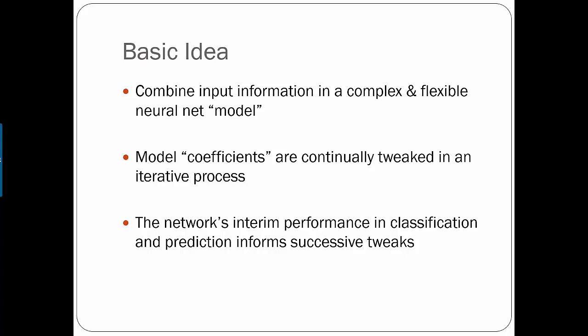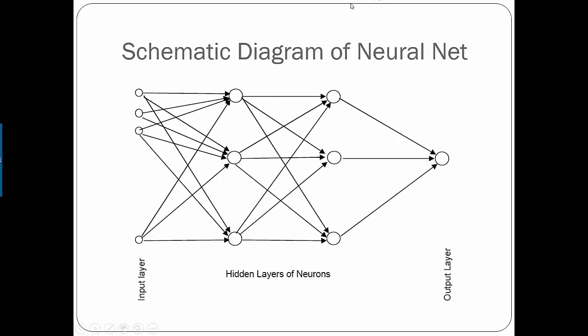And then you process, and there are some coefficients that are used to tweak the information that comes in, and then you produce an output, which is the classification in the case of a binary or nominal target, or a prediction in case of an interval target. So to look at a neural network in a schematic diagram, this is what it will look like.